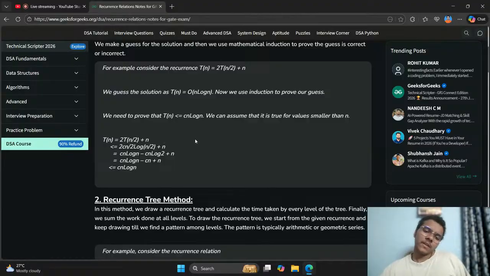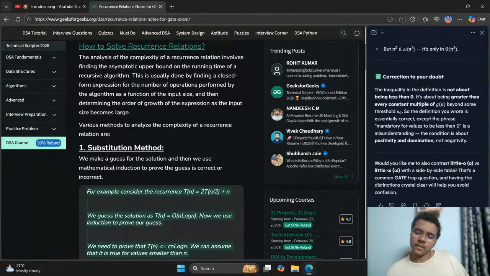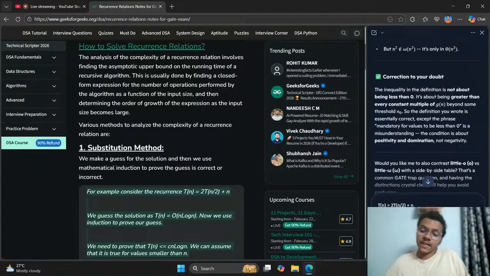We need to prove that. Is this a valid inference? Because you can guess too high sometimes.